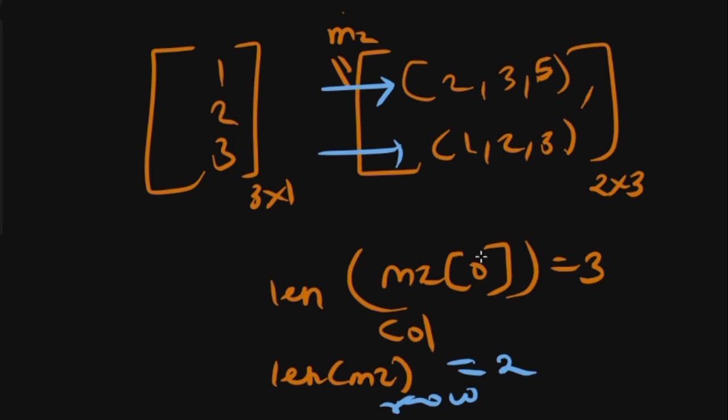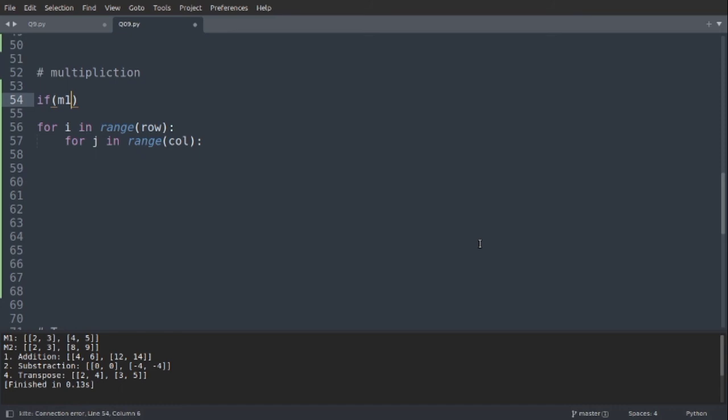So we have to basically check the condition, so we can do that easily. Here if m2, so we have to check the column number, so the length of any of the elements. So I will take the first element is equal to the length of m2, so instead of m2 this should be m1. And if this is the case, then we can print multiplication possible.